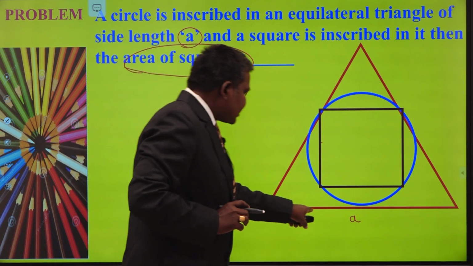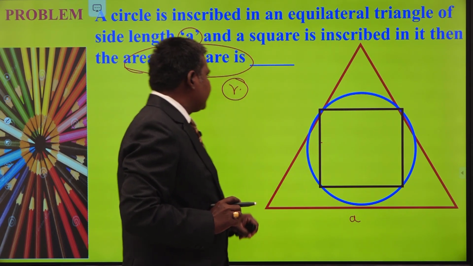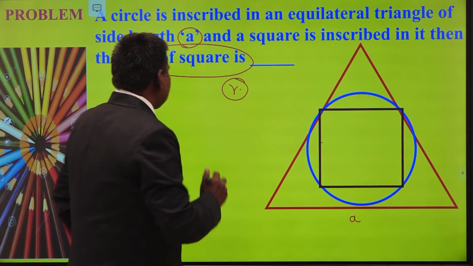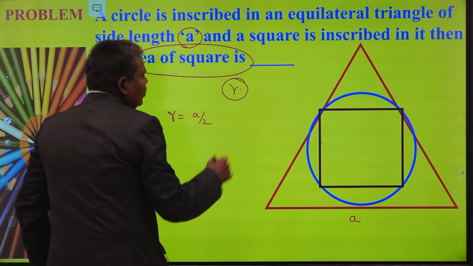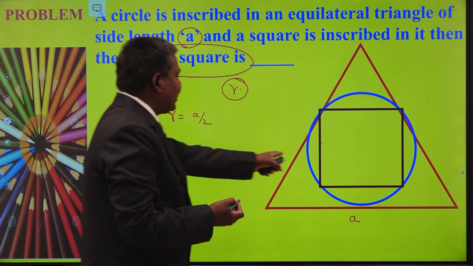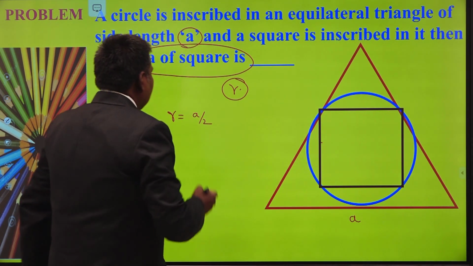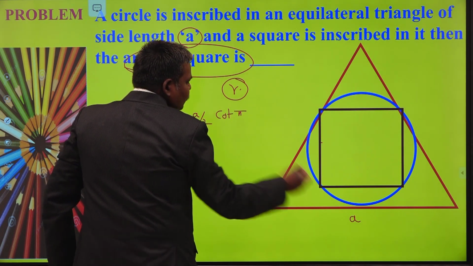Now, is it circumscribed or not? This is circumscribed. Side is A units. So, what is the relation we have discussed previously? R is equal to A by 2 cot pi by n. You have to apply cot because this is outside. Pi by n, where n is 3 here.